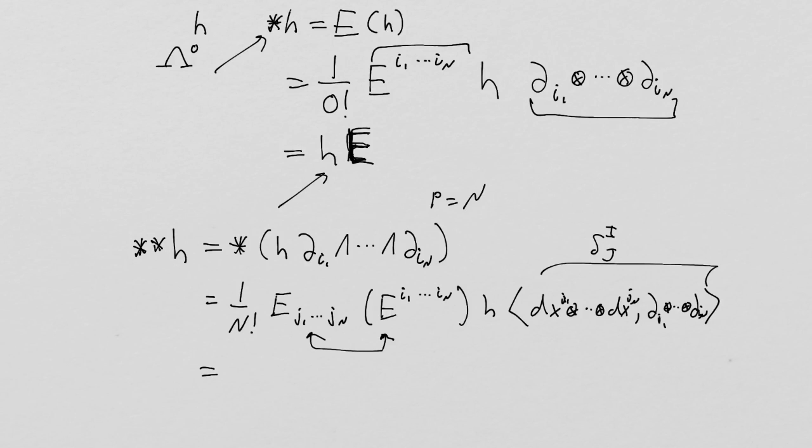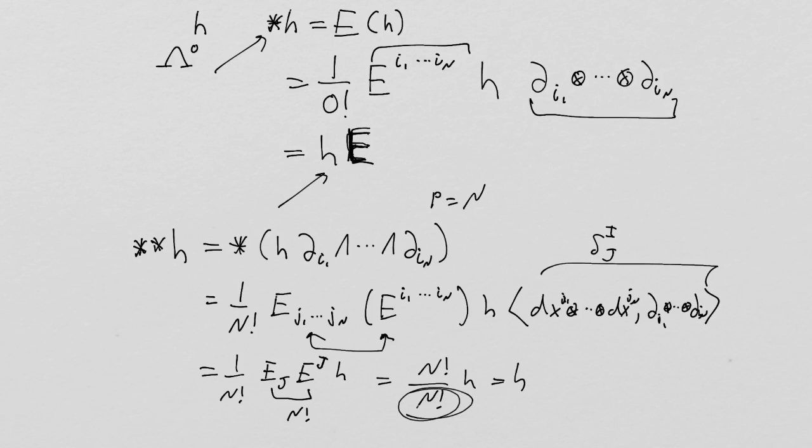So it's going to end up being 1 over n factorial e multi-index j, e multi-index j, times h. And multi-index j times multi-index j equals n factorial. So this is n factorial over n factorial times h, which equals h.